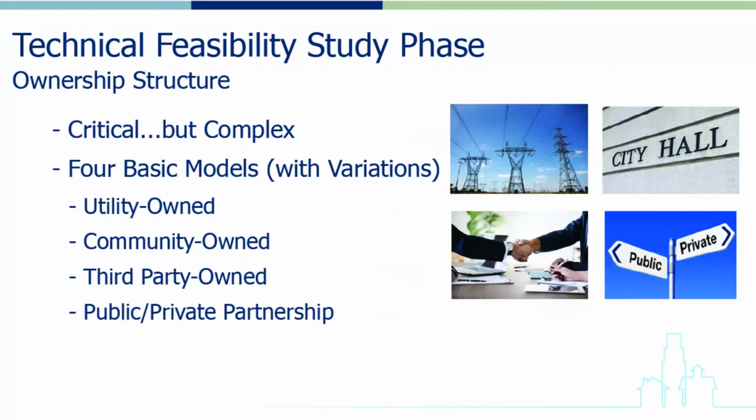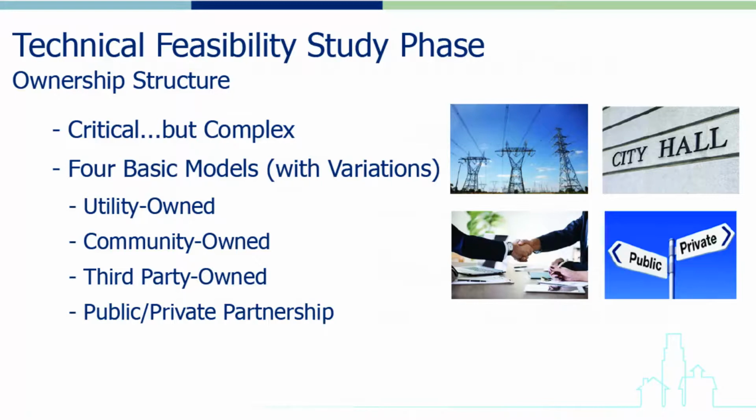The next topic to be addressed in the technical feasibility study is the ownership structure for the proposed microgrid. This is a critical but often very complex issue, especially for a community microgrid which serves multiple different entities across multiple jurisdictional boundaries. Four common ownership categories are: local utilities can own microgrids and provide services very similar to the ones they do now, but likely with a different cost and ownership structure.